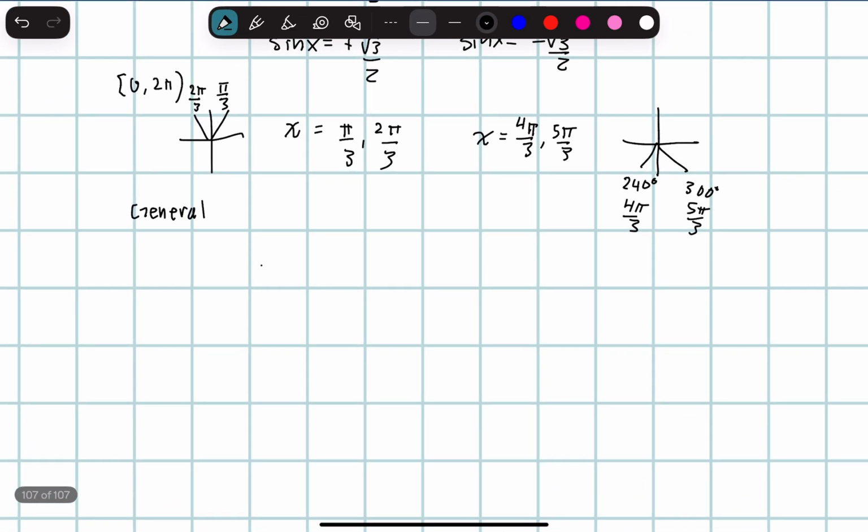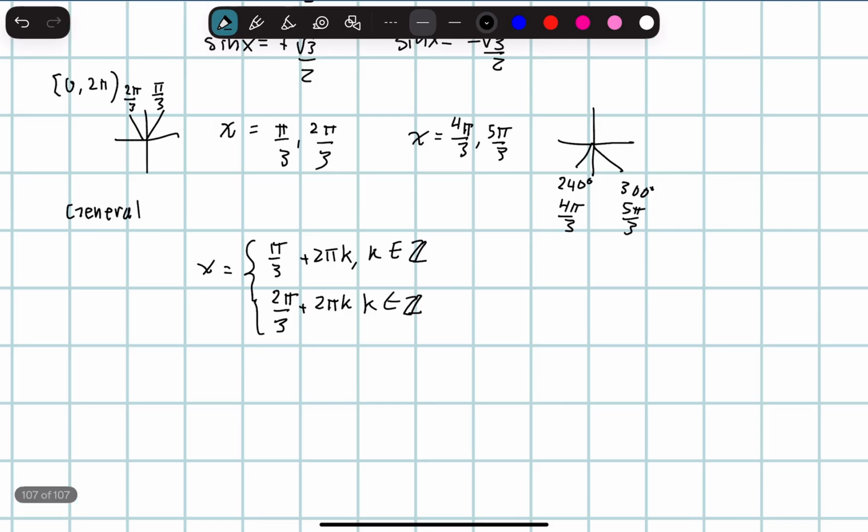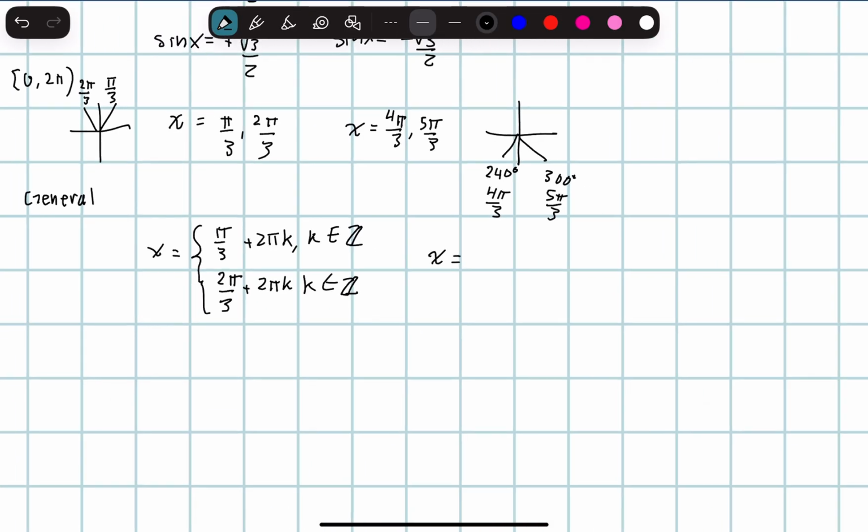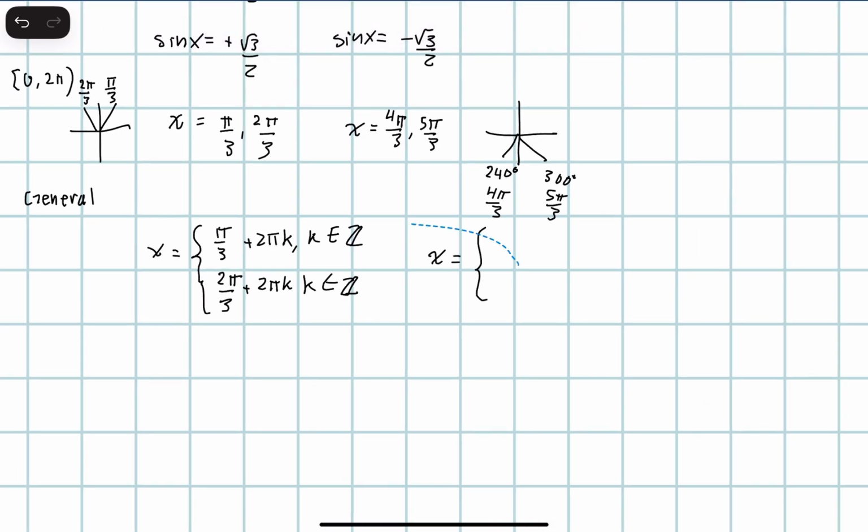So now for your general solutions, you're just going to add a 2 pi k to both of them. That's how you get general solutions: plus 2 pi k, plus 2 pi k, where k is in Z. And we're just going to box all of these.